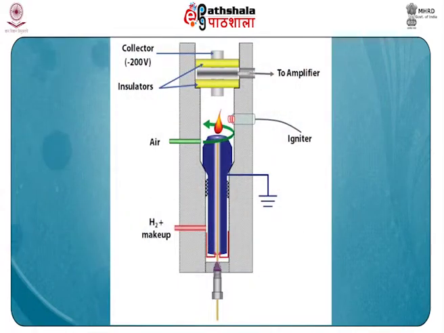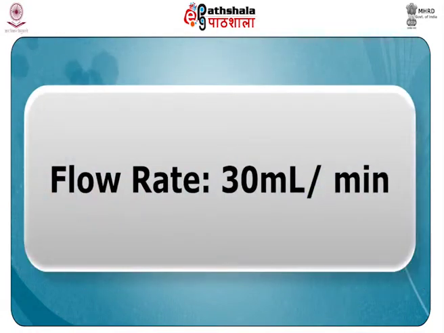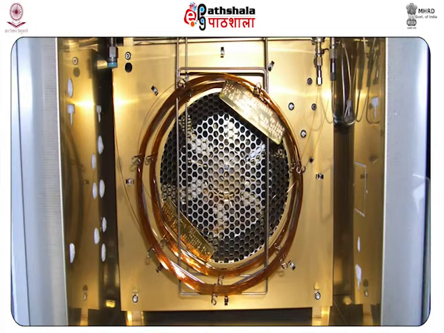The detector used is the flame ionization detector, abbreviated as FID. The carrier gas used is either nitrogen or helium. The flow rate which is kept is 30 milliliters per minute, and the oven temperature is programmed, and this again varies for different materials that you are using.